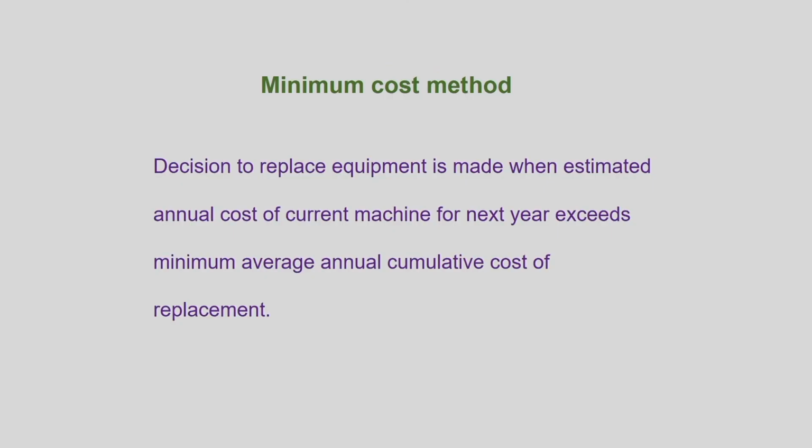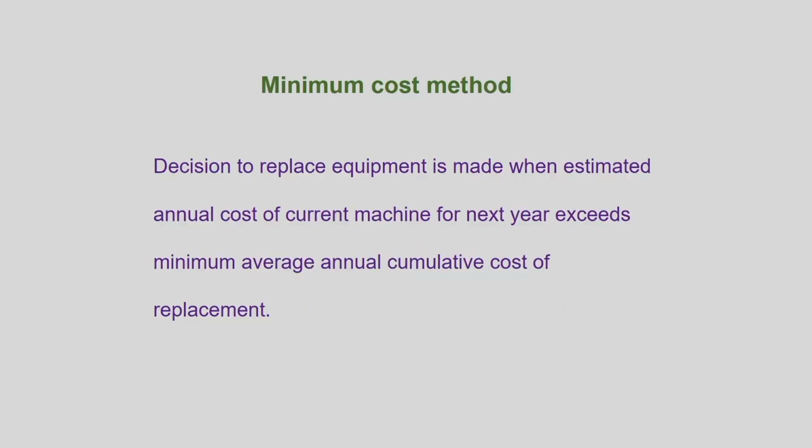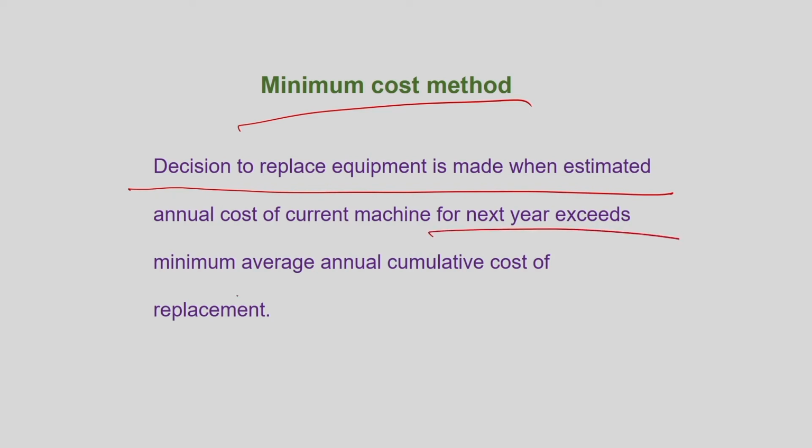Okay. So Dr. James Douglas has given a guideline for this minimum cost approach to decide when to replace the old machine with the new machine. So the decision to replace the equipment is made when the estimated annual cost of the current machine for the next year exceeds the minimum average annual cumulative cost of the proposed machine.